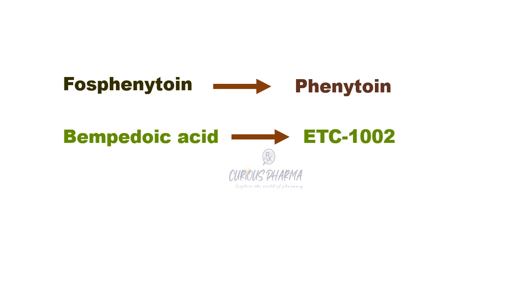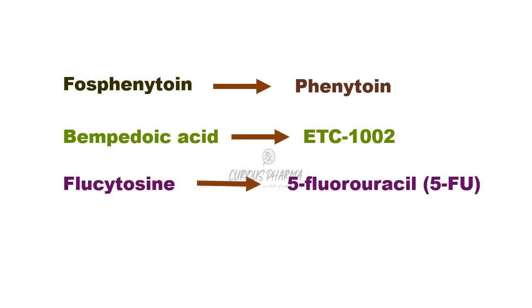Another example is flucytosine, a prodrug that is converted into 5-fluorouracil in the body. 5-fluorouracil is an anti-metabolite that interferes with DNA synthesis, thus inhibiting the growth of fungal and cancerous cells.